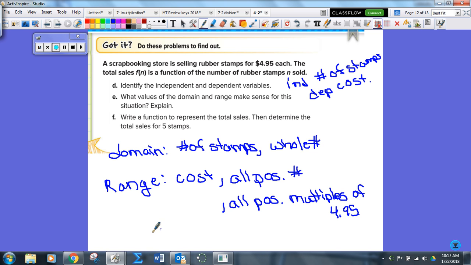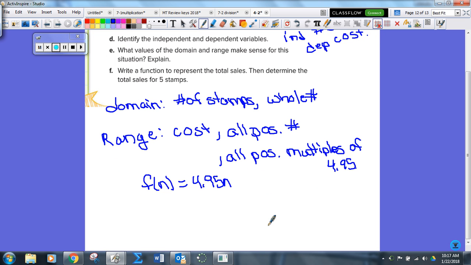Write a function, so it would be f of n is $4.95n, because it's $4.95 times each stamp. When I want to find 5 stamps, I do f of 5, so that's $4.95 times 5, which is $24.75. So f of 5 equals $24.75.